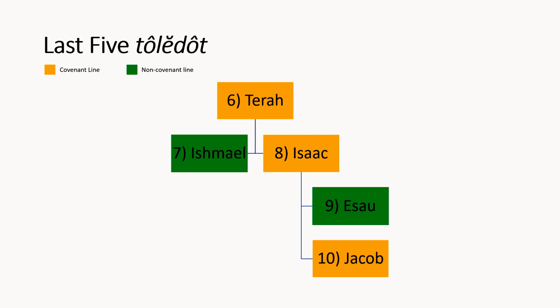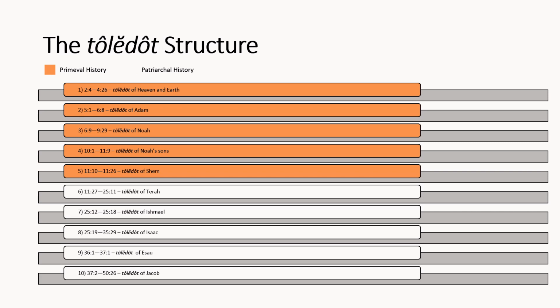So it's always the case in the patriarchal history that the first person mentioned as a descendant is someone who isn't a part of the covenant line, and the second person is the one who is. So we have Ishmael who isn't, Isaac who is, Esau who isn't, and then Jacob who is.